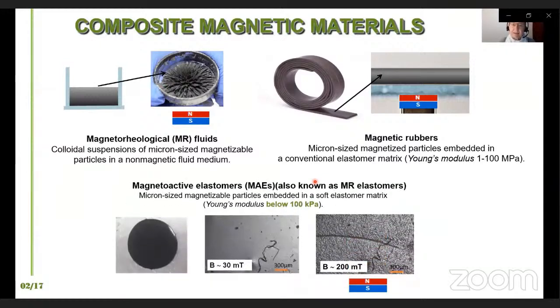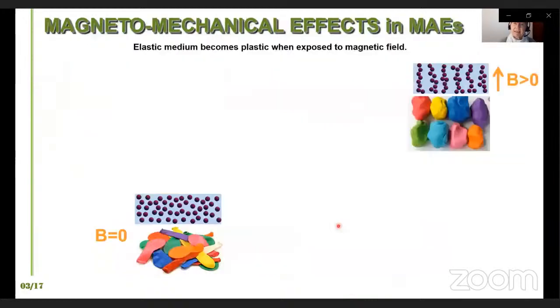And what about our materials? These are magnetoactive elastomers, which are also known as magnetorheological elastomers, and they have micron-sized magnetizable particles embedded in a very soft elastomer matrix. This matrix has a Young modulus below 100 kilopascal, and it's soft like human skin or even softer.